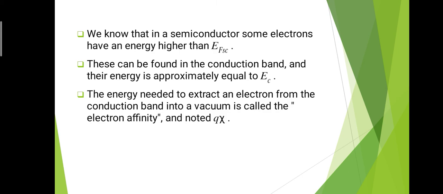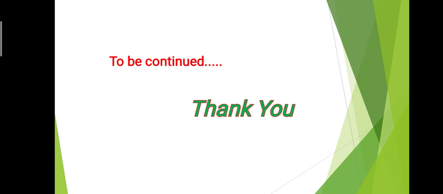In our next video we will discuss how the barrier height is formed at the metal semiconductor interface, and whether the electrons flow from metal to semiconductor or from semiconductor to metal, and how due to the flow of electrons we get the current.